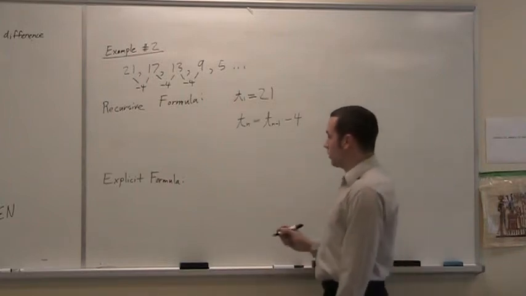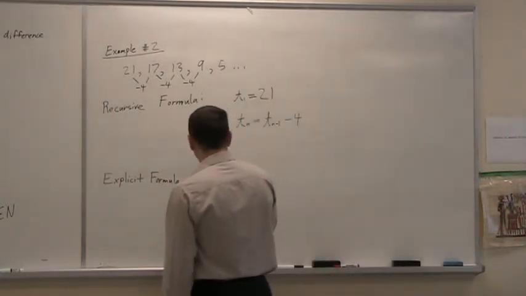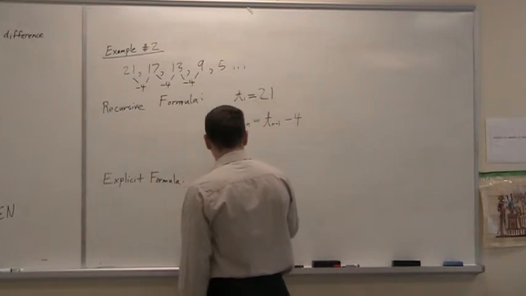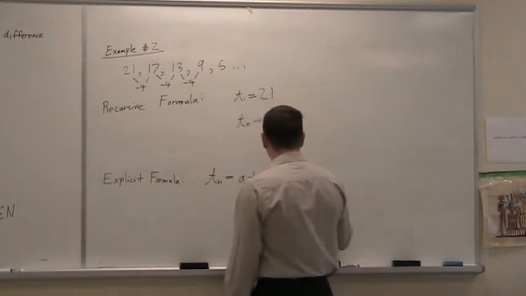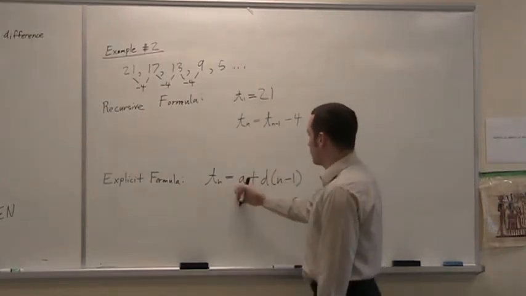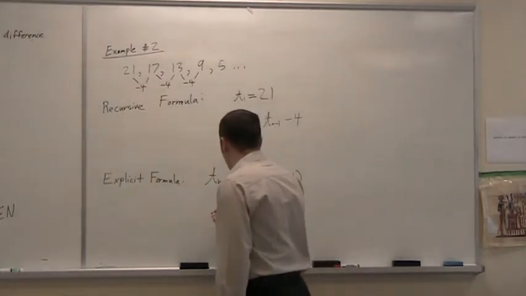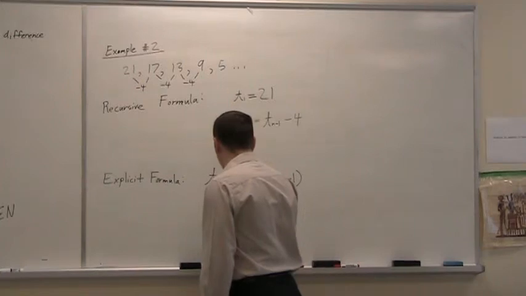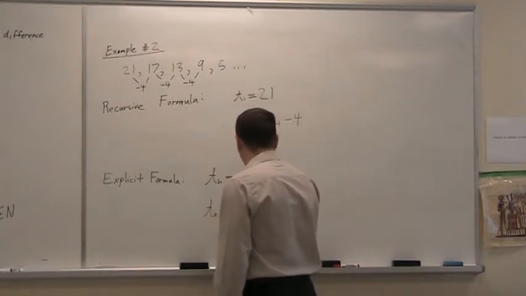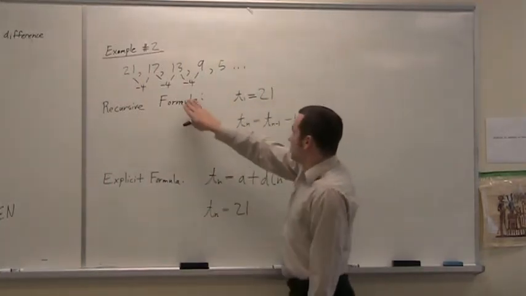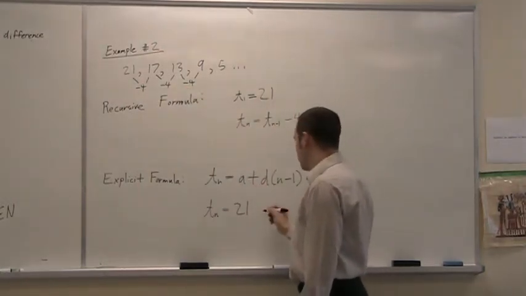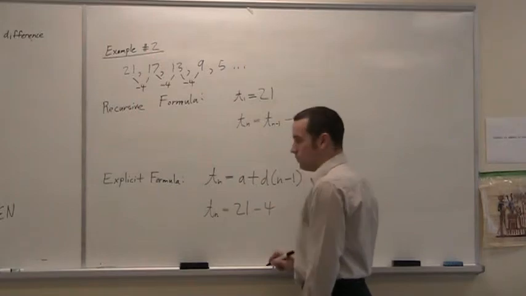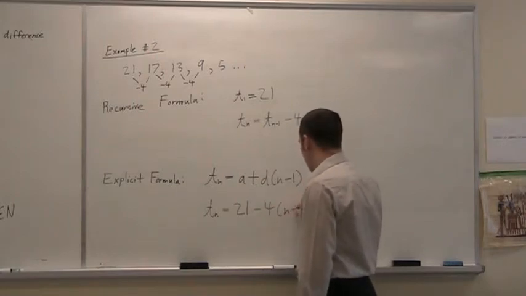For the explicit formula, again, you go by the general formula. First term is 21 again, so T to the n is equal to 21. Our common difference, as we've already figured out, is negative 4, so instead of adding the common difference, it's subtract 4, and still n minus 1.